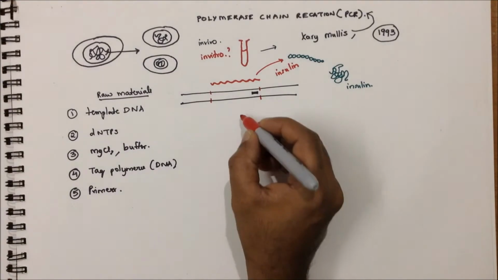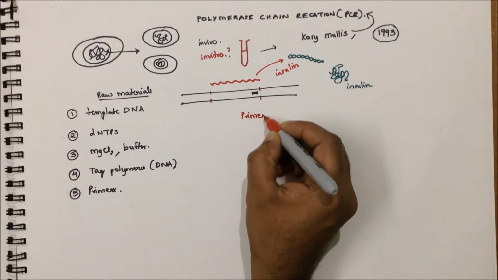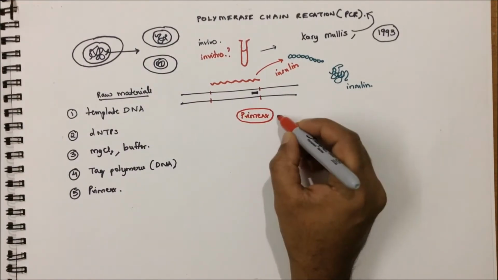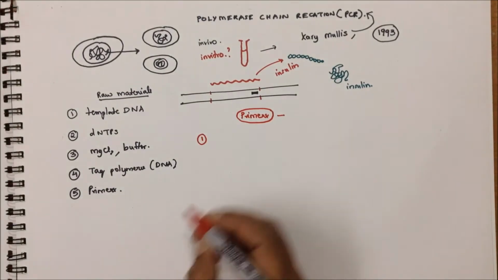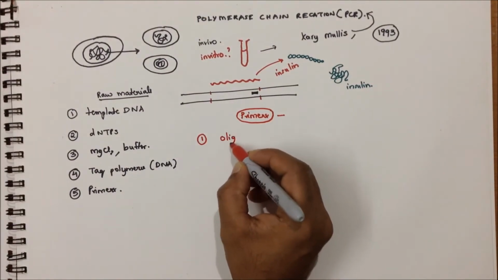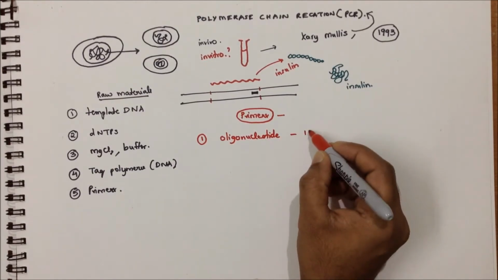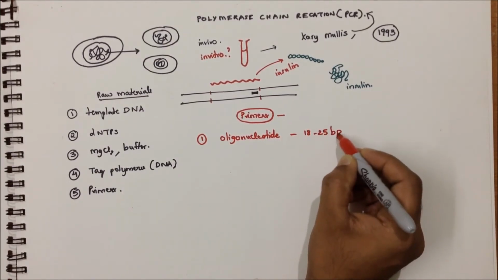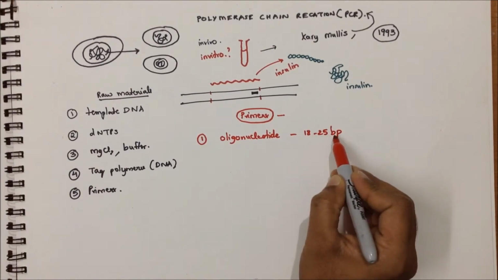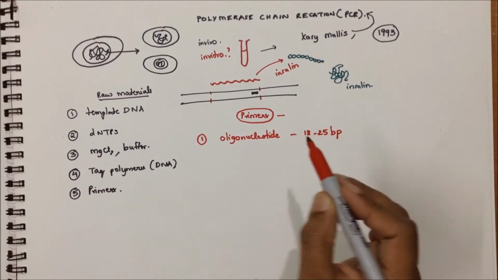Now, what are primers? Primers are just a sort of oligonucleotides which need to be designed manually. But there are some ideal conditions for the primers. The first one is it should be an oligonucleotide of approximately 18 to 25 base pairs, not less than 18 and not more than 25 base pairs.